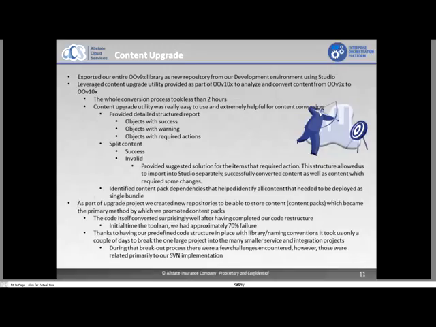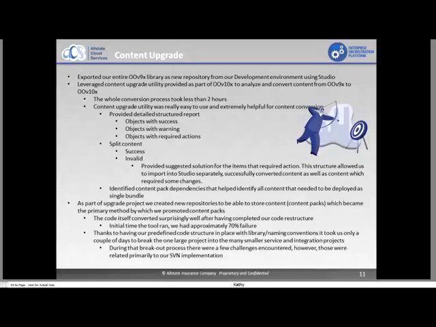This type of structure allowed us to import content separately into Studio: successfully converted content, as well as content that required some additional changes or fixes. Another nice feature I found in the content upgrade report was a list of content packs that our content has dependency on.